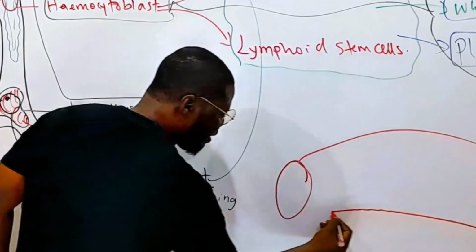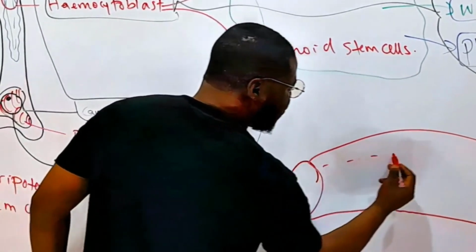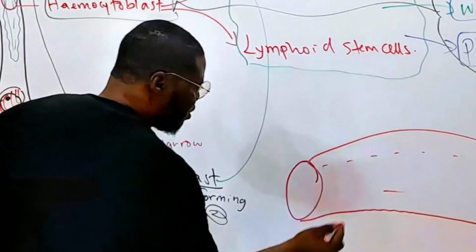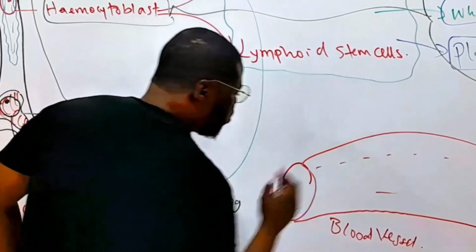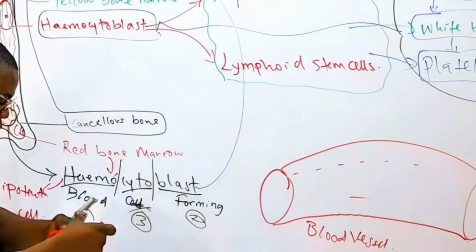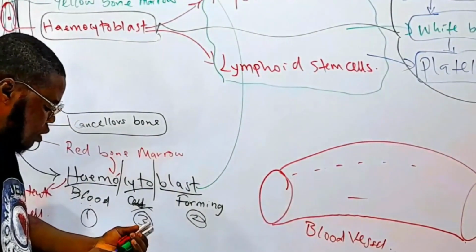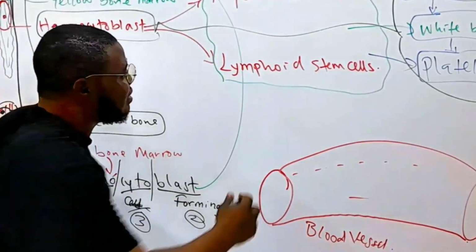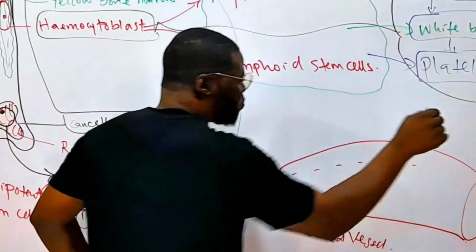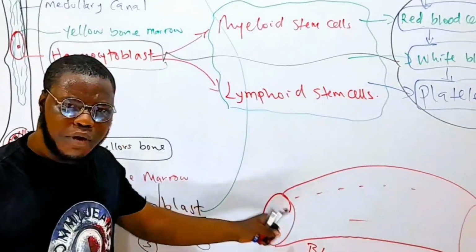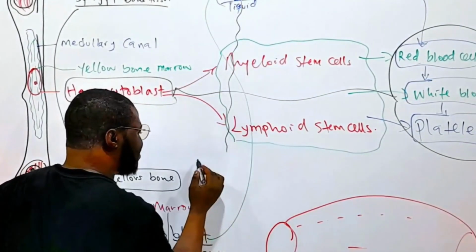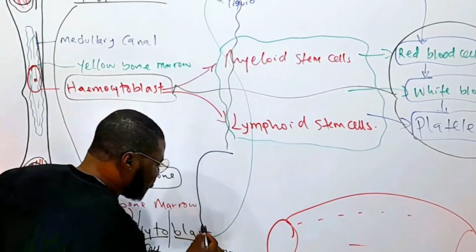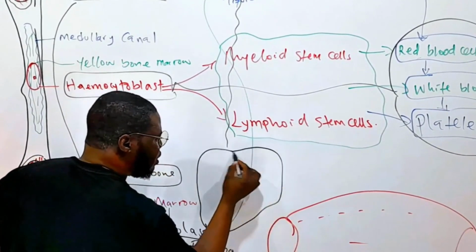So we have three main types of blood vessel, but that's the discussion for some other time. So the blood is running inside this place called the what? The blood vessel. Now the point is, the fluid that these cells are suspended in is there. But it comes from where? You see this plasma we're talking about? The organ that forms it is that mighty organ in the human body called the liver.